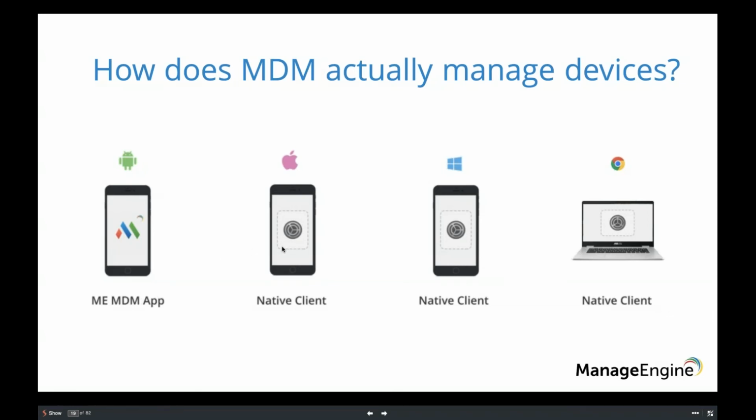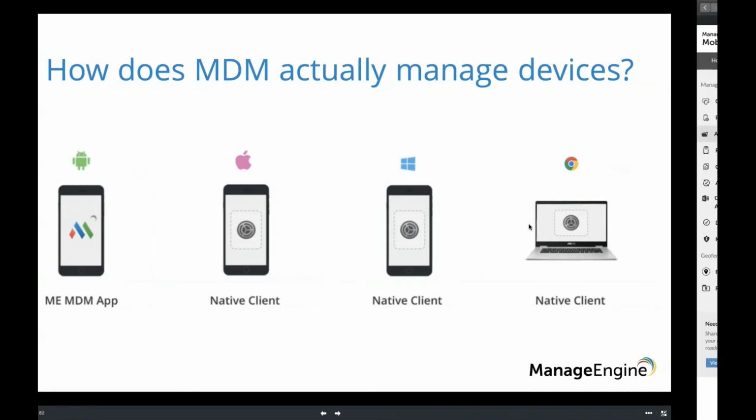But if you go for iOS or Windows or your Chromebooks or your Macs, we use the native client that these vendors have provided within their OS itself. So instead of installing our application to manage these mobile devices, we make use of the native client itself to manage your mobile devices. So let me take you through the MDM portal itself.